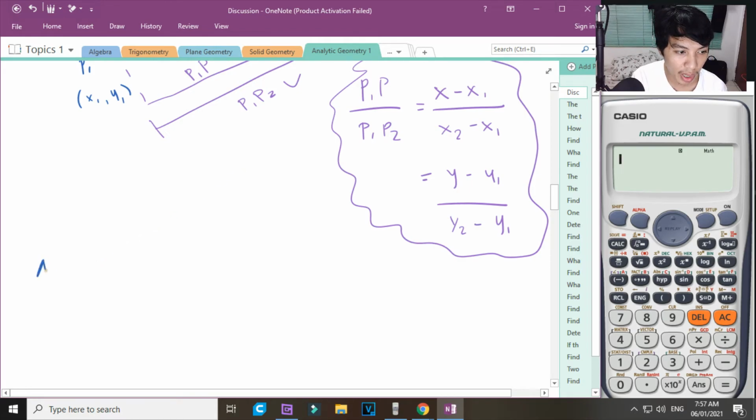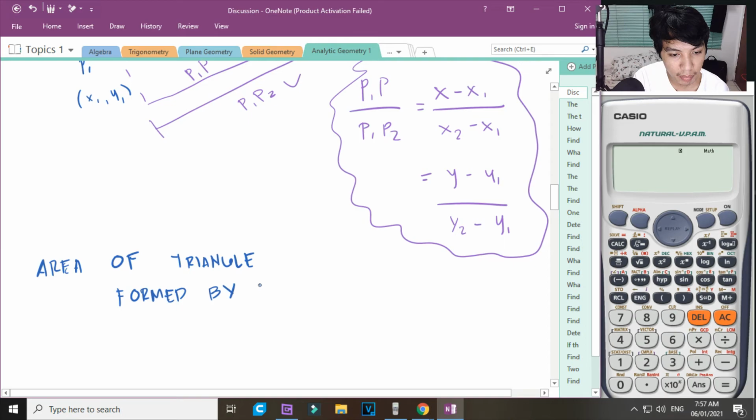So, area of the triangle formed by lines. Intersecting lines, ha? Intersecting lines.